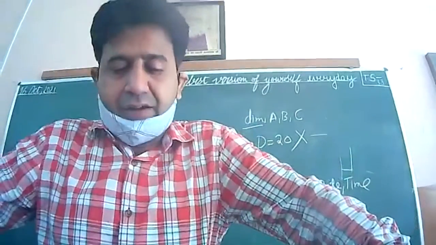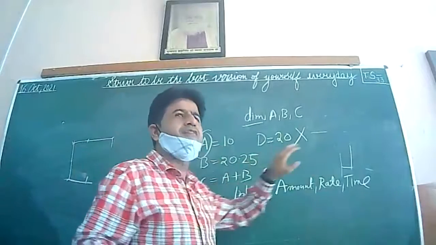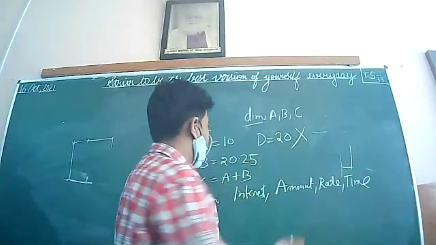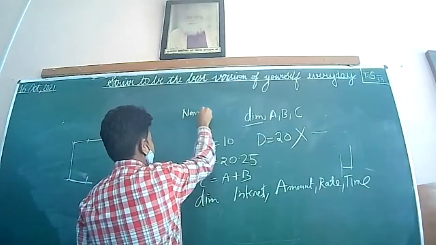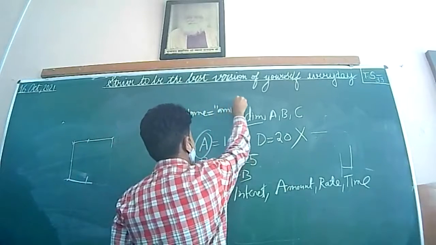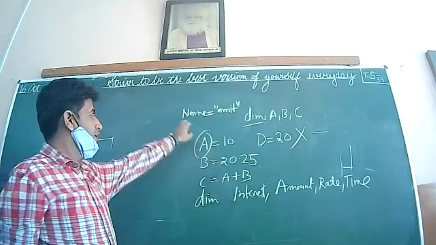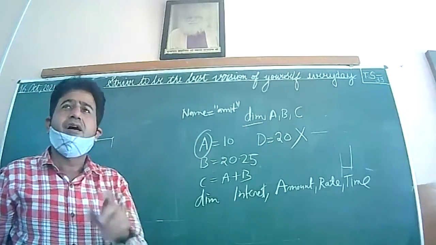More specifically, this is a decimal, and you can also call it float. Suppose here I am giving name equal to Amit. Now tell me, here name is a variable and what is its value? Amit.